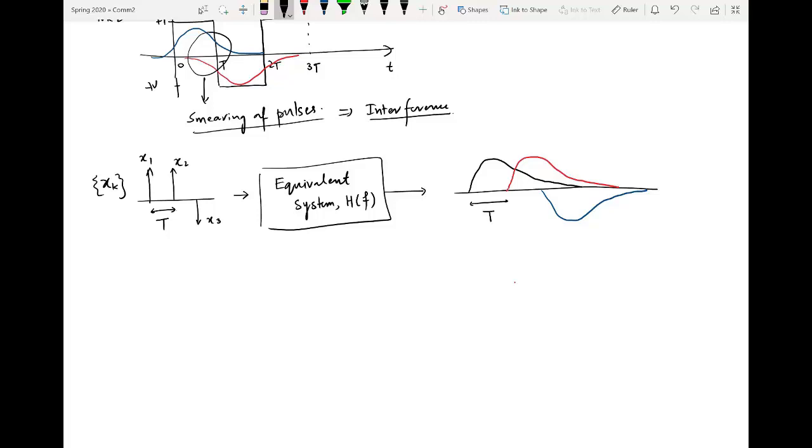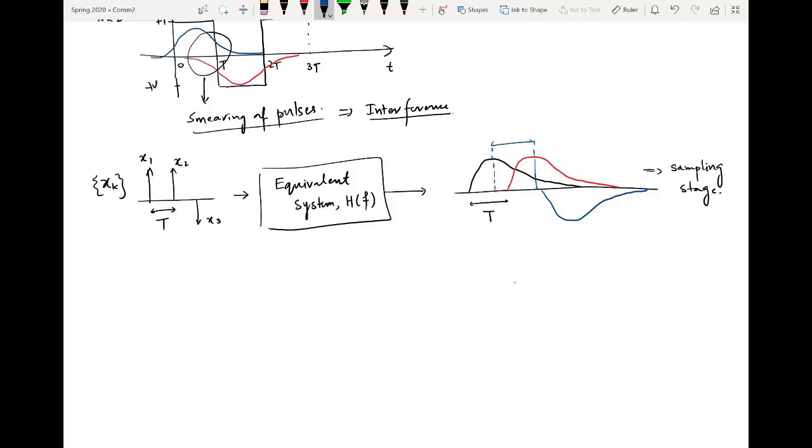Now on the receiver side, this particular signal will be passed through the sampling stage, and the purpose of the sampling stage is to sample after every symbol period. Let's say we start the sampling process at this point in time. This is the first sample, and equally spaced is another sample.